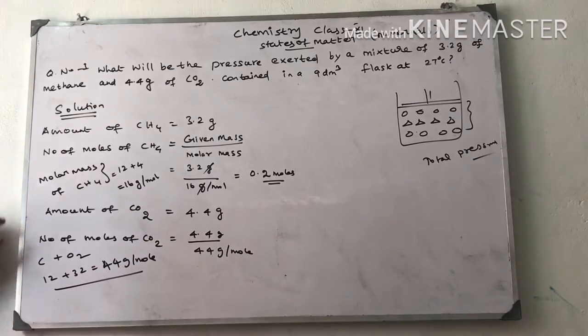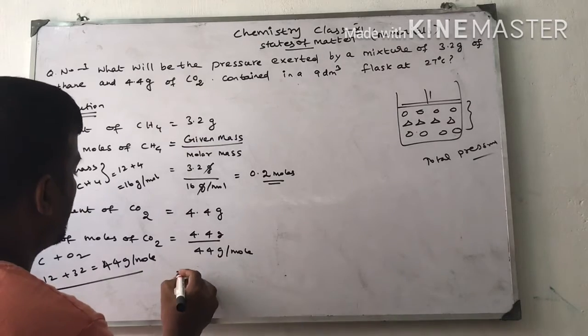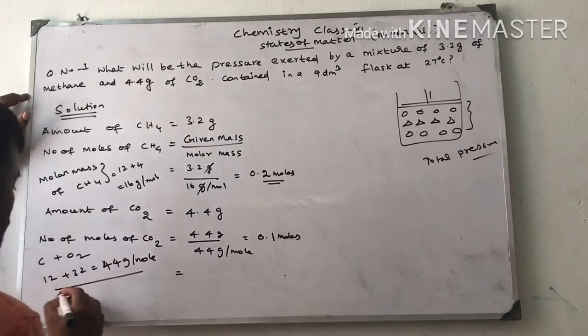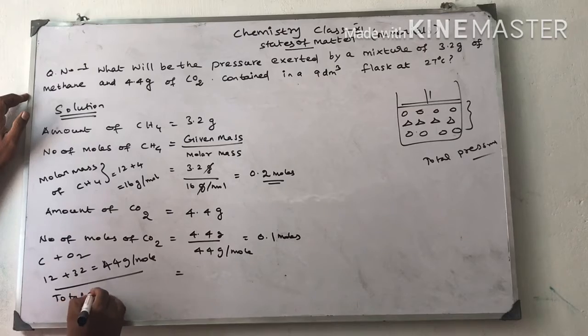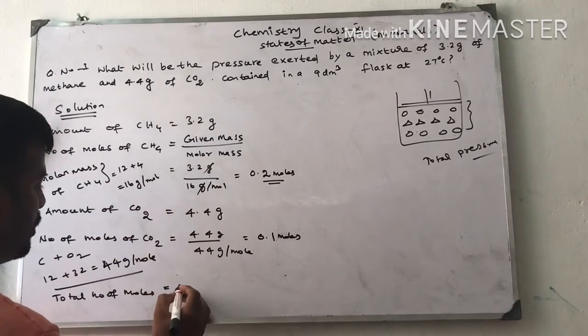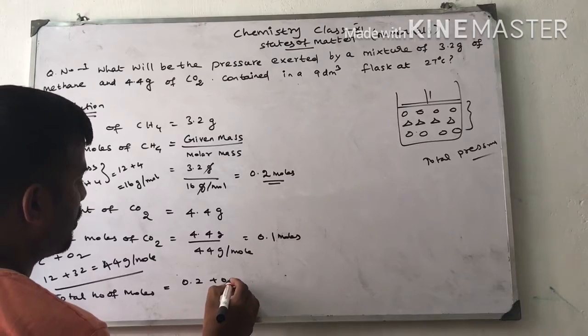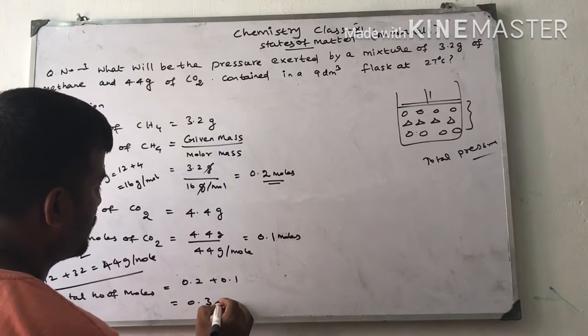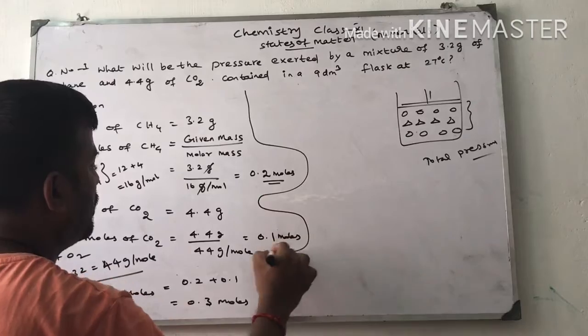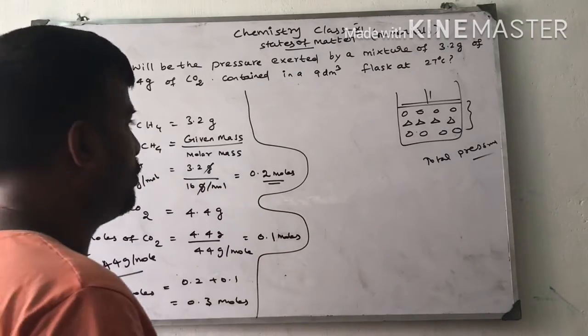So this is the molar mass of carbon dioxide. We get the answer of 0.1 moles. So total number of moles: 0.2 plus 0.1 is equal to 0.3 moles. In this way we have found the number of moles n.